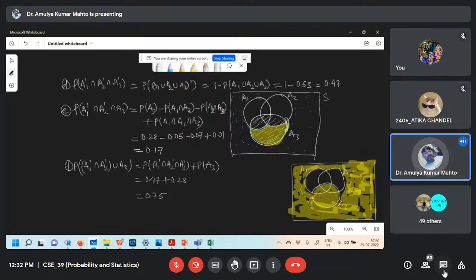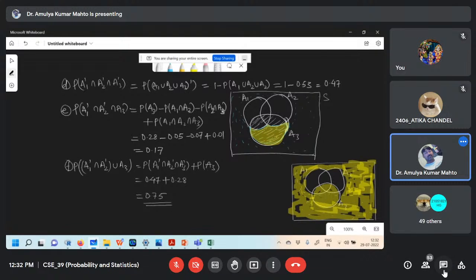You can take the entire A3, or you can take the A1 dash intersection A2 dash, this whole outer part, and then consider this A3 part. Yes, there are other ways you can select it. That's not a problem. But in any method you are using, you are going to get the same result. It's 0.75.